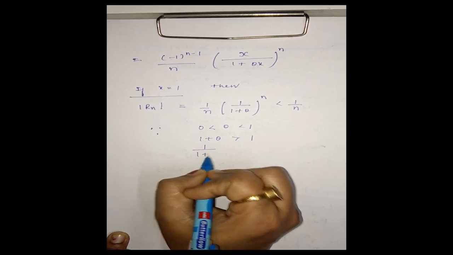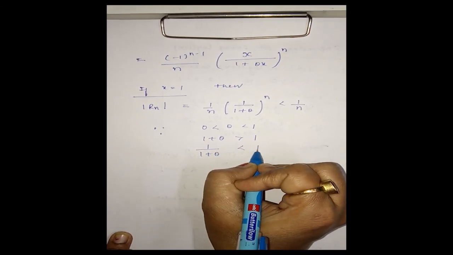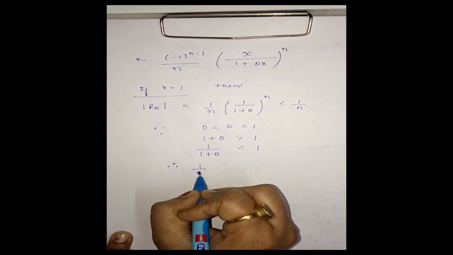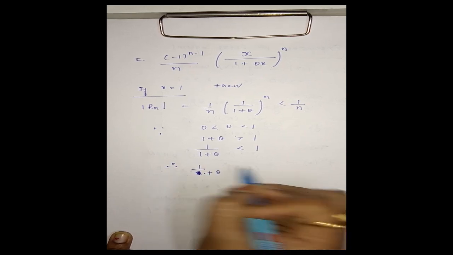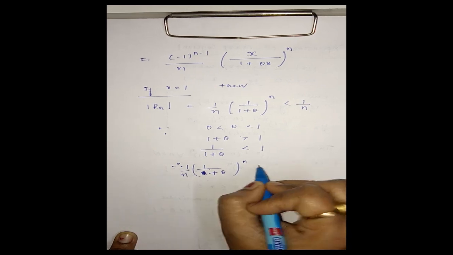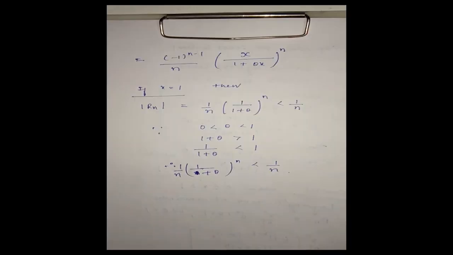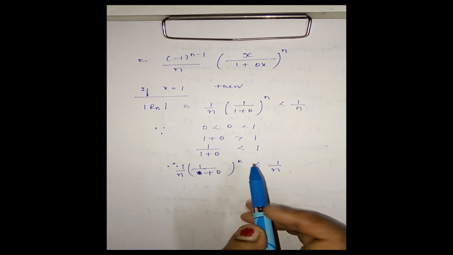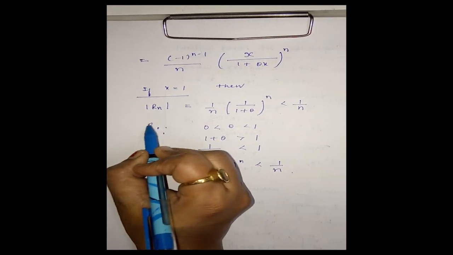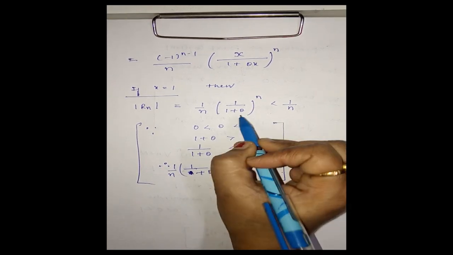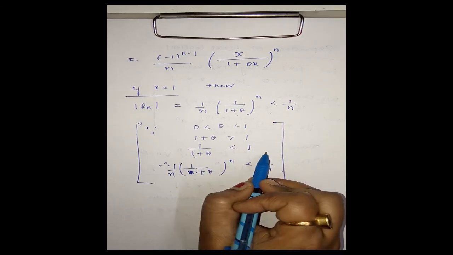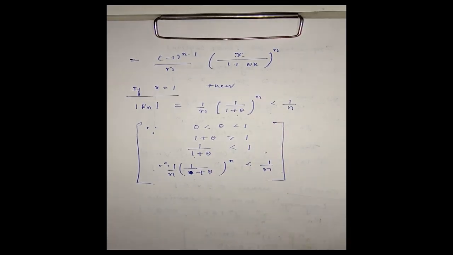That means 1 upon 1 plus theta will be less than 1, and therefore 1 upon (1 plus theta) power n into 1 by n will be less than 1 upon n. Okay, this is clear. Since the denominator is more than the numerator, we have this.